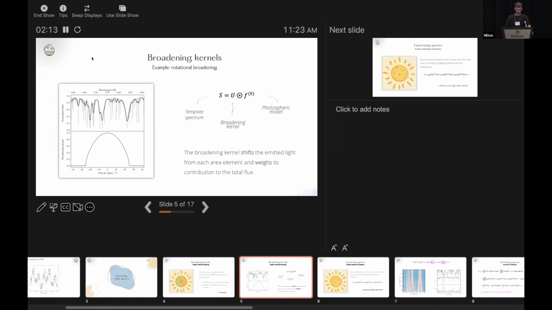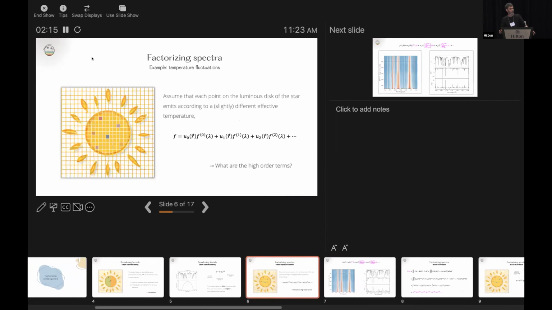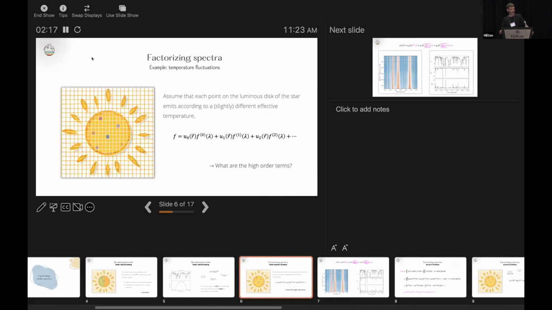Okay. But what happens if our model, or our star, is imperfect? For the sake of discussion, I will talk about temperature fluctuations. So let's assume that now the surface of the star is not constant, and each parcel on the surface of the star emits according to a slightly different temperature, maybe a bit hotter, maybe a bit colder.